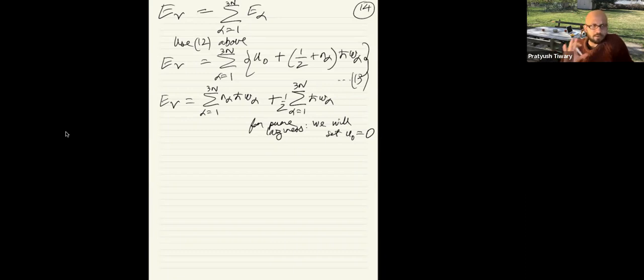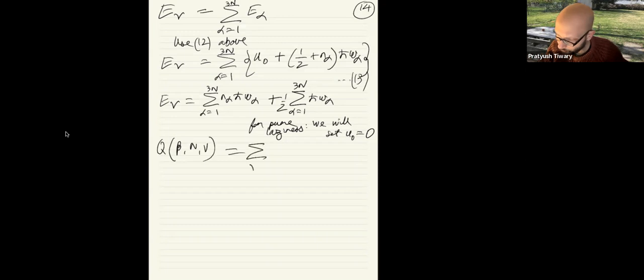So I have the microstate energy, and now I want to connect to thermodynamics. In order to do that, I of course need my partition function, which is going to depend on β, N, and V, the canonical partition function. And what's that going to be? That's going to be summing over all microstates of e to the power minus βE_ν. And now I have the formula for E_ν. So I will have every microstate, e to the power minus β and a summation that goes from α equal to 1 to 3N. You can see why I removed the U_0, because it's a summation in the power of a summation, kind of messy.